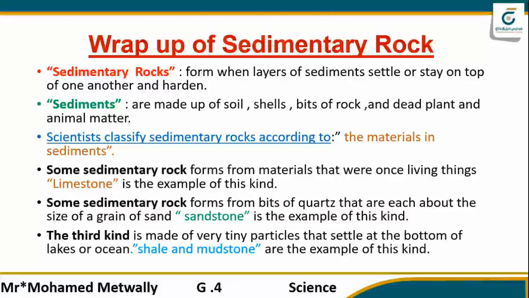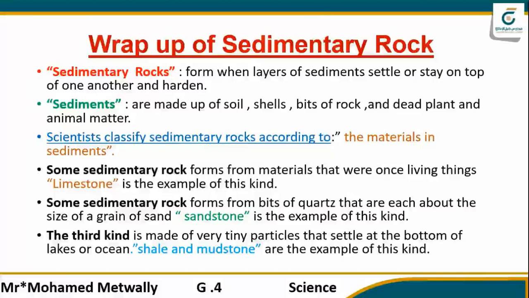Right? Yes. So, like I said, this is a wrap-up sheet of sedimentary rocks. I put here and collected the main and important information about sedimentary rocks to make it easy to study and to answer any question. So, let's start with the sedimentary rocks definition. Sedimentary rocks form when layers of sediments settle on top of one another and harden.